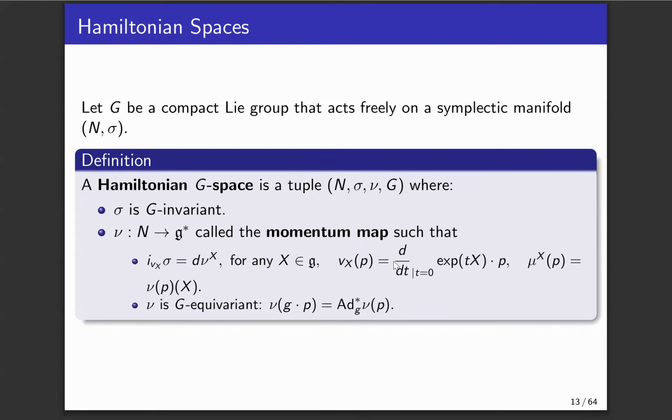So if we take any element x in the Lie algebra, and we consider Vx the vector field on N generated by the action of x on N, and if we consider this map nu x, which is a map from N to R, a smooth real function on N, then if we take the interior product of sigma with this vector field, the first condition tells us that this interior product is exact.